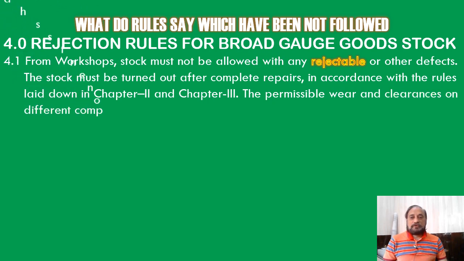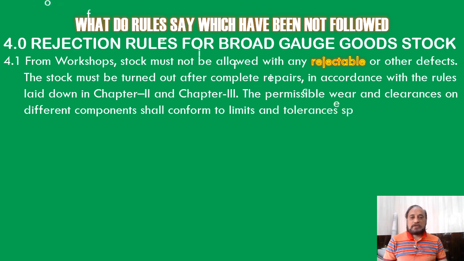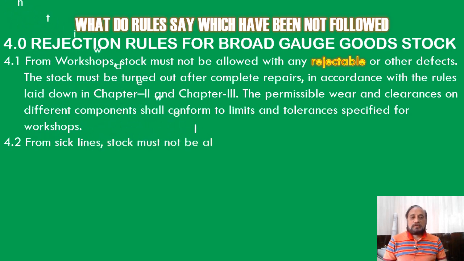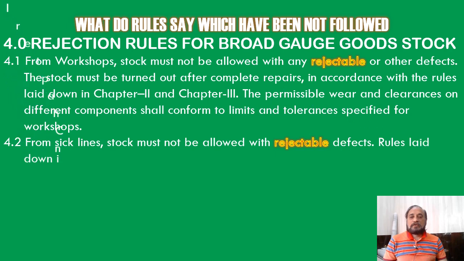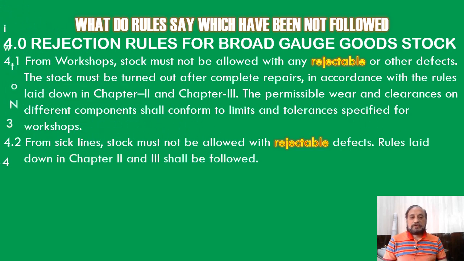The permissible wear and clearances on different components shall conform to the limits and tolerances specified for workshops. 4.2 says, from sick lines, stock must not be allowed with rejectable defects. Rules laid down in chapter 2 and 3 shall be followed.